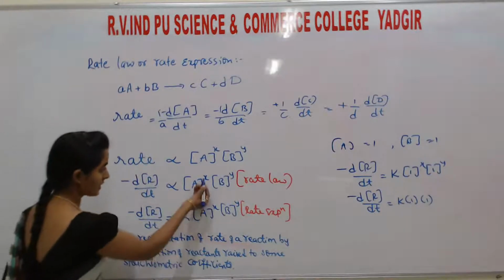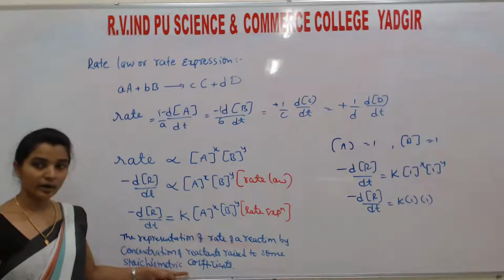Stoichiometric coefficients, this x and y. That is called as what? Rate law or rate expression.